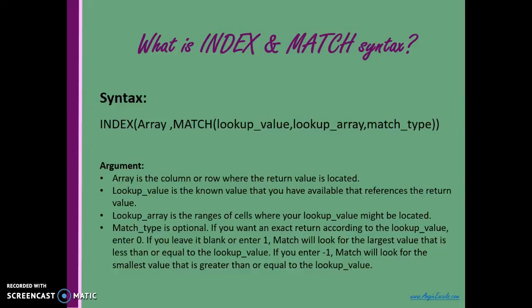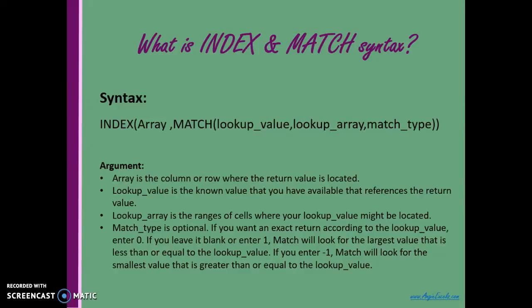You look for the name of the person. You don't look for the number right away, right? For example, if the store is Papa John's, right? You need the phone number of Papa John's. So you look for Papa John's in your contact instead of the number. Does that make sense? So that's what lookup value is.